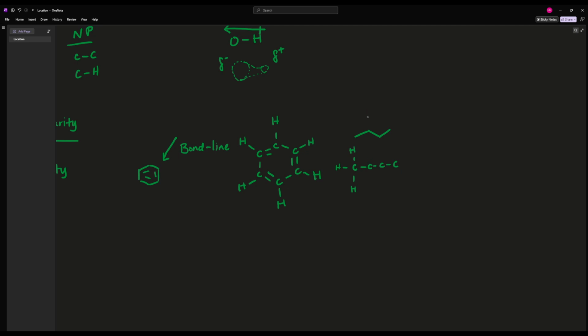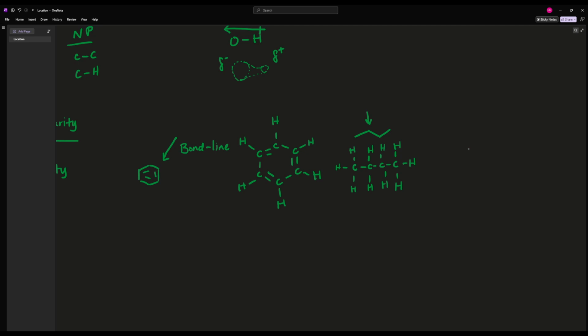If we look at this next carbon here, it has 2 bonds explicitly drawn, and 4 minus 2, because it needs 4 bonds, yields 2 hydrogens. This is the same for the carbon next door. And finally, this carbon at the end once again has 1 explicit bond, and so the rest are taken up by hydrogens.